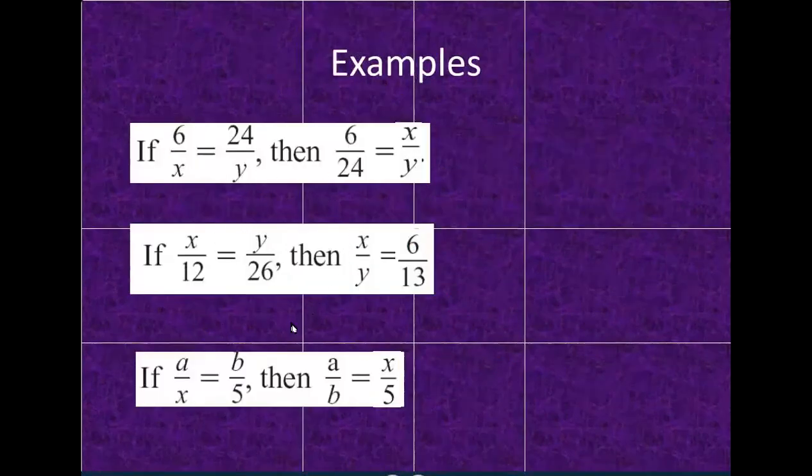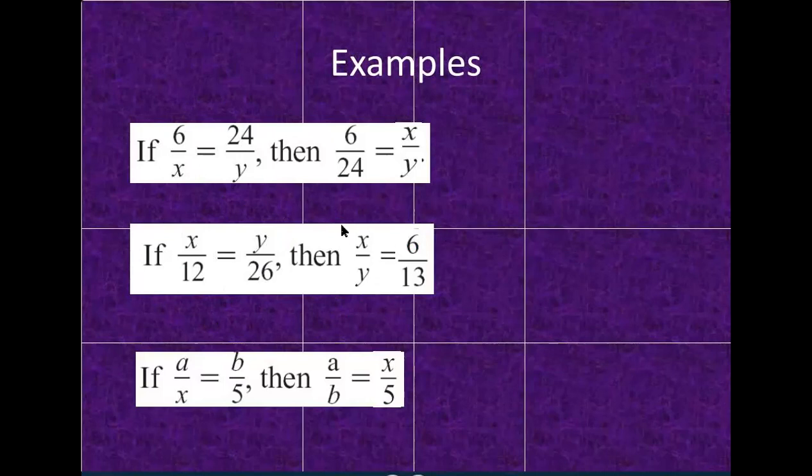We can answer different questions about the same property. 6 over x equals 24 over y, then 6 over 24 equals x over y. The same way, x over 12 equals y over 26, then x over y equals 6 over 13.